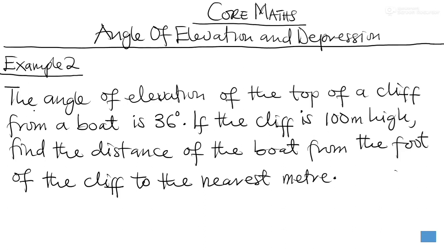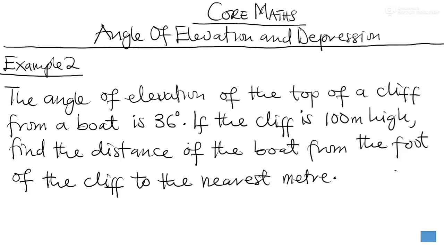Example 2. So it reads, the angle of elevation of the top of a cliff from a boat is 36 degrees. If the cliff is 100 meters high, find the distance of the boat from the foot of the cliff to the nearest meter. Good.